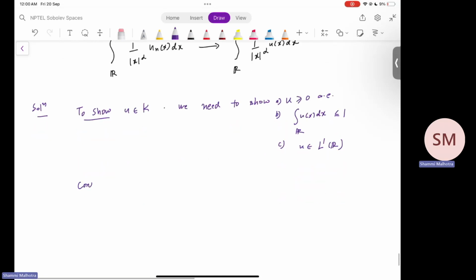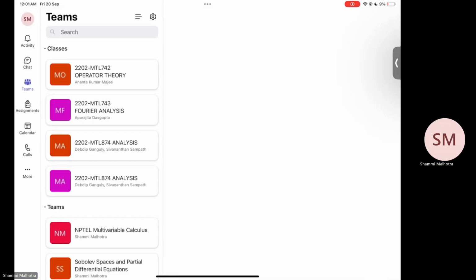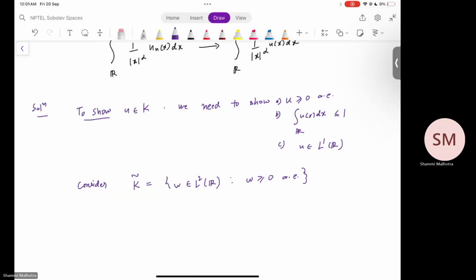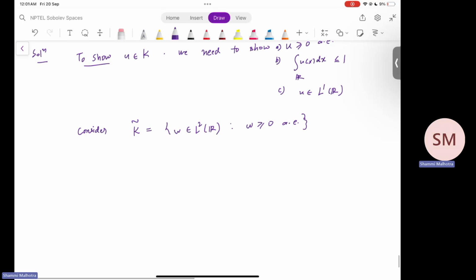So consider K tilde to be all those w in L2(R) such that w is non-negative almost everywhere.